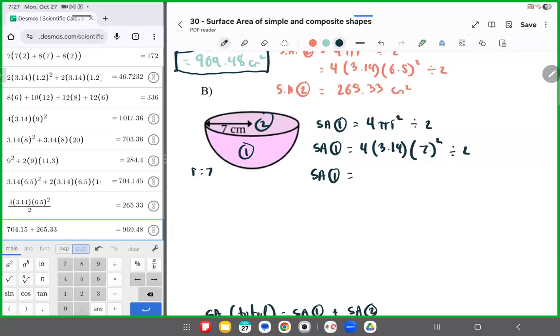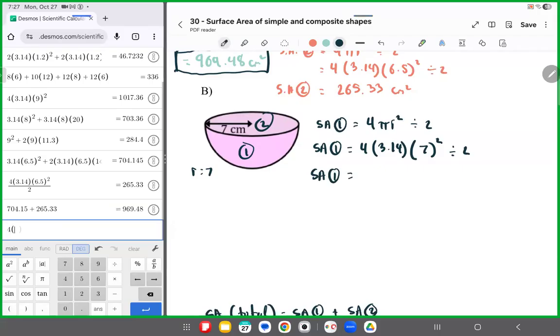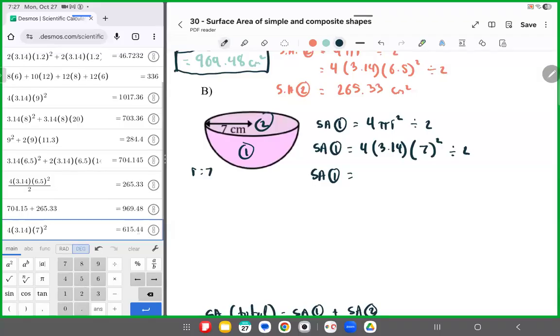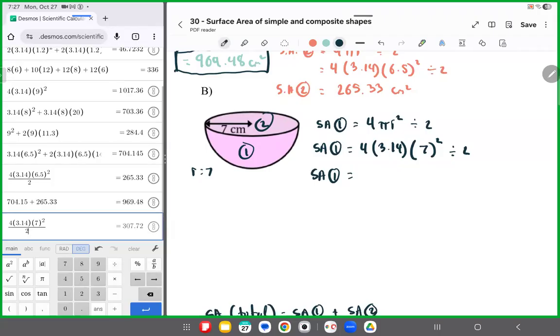So the surface area will be equal to 4 times 3.14 times 7 to the power of 2, divided by 2. And so you saw here, if I could have just stopped at this point, I would have got 615.44, but I need to divide it by 2 to get my answer, 307.72, and these are going to be centimeters squared.